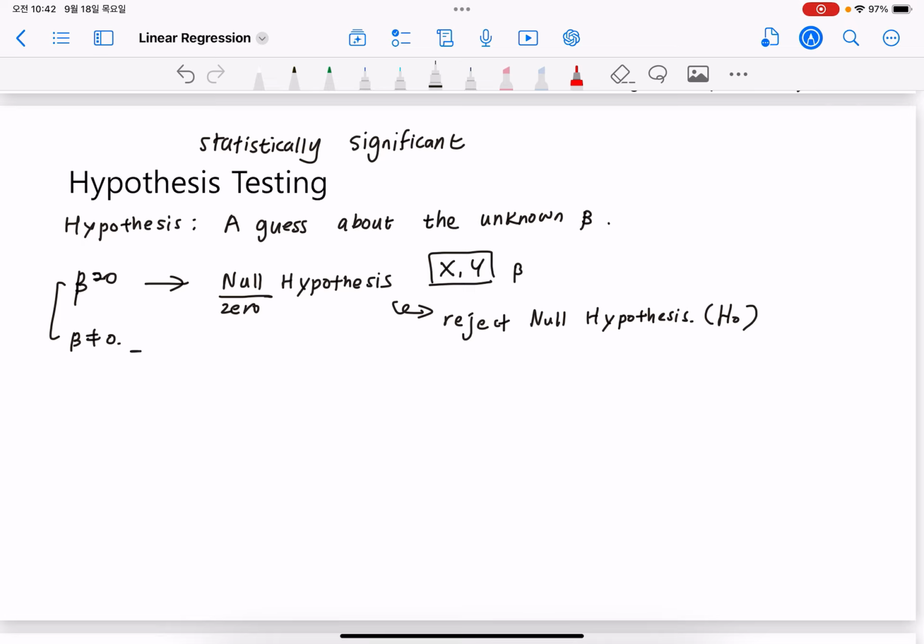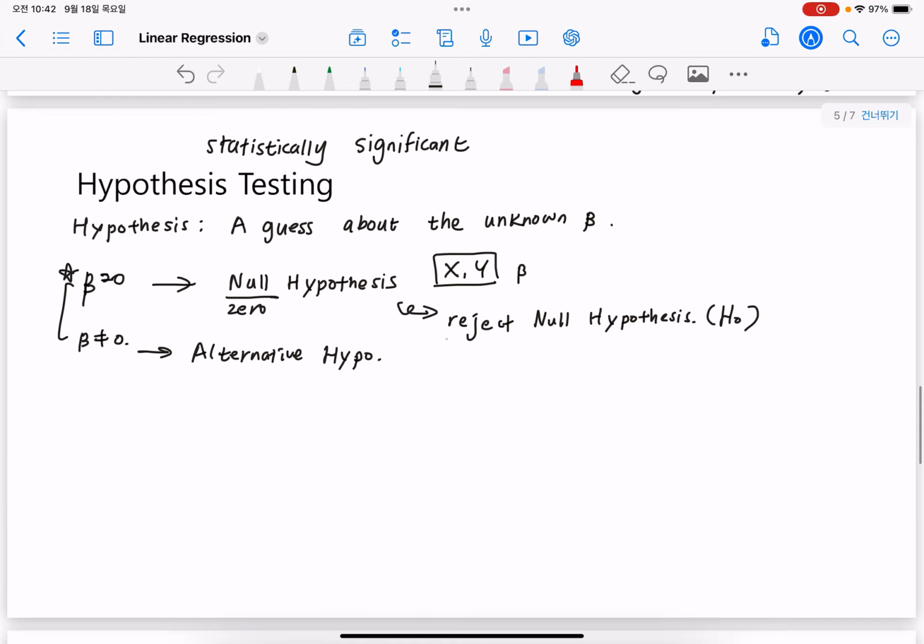And sometimes you can guess beta is not equal to 0 in the first place. This is called the alternative hypothesis. But usually in statistics, you first guess that there is no relationship, and the goal here is to reject the null hypothesis. Okay?